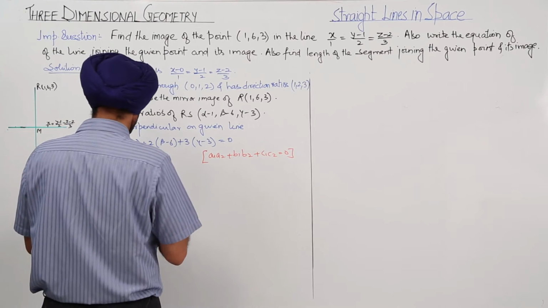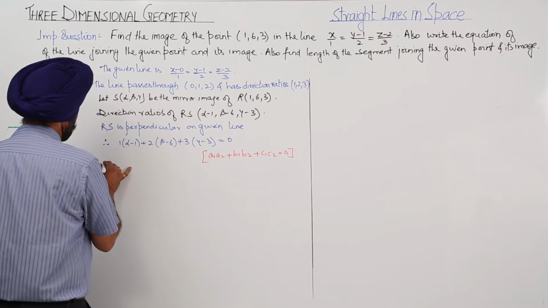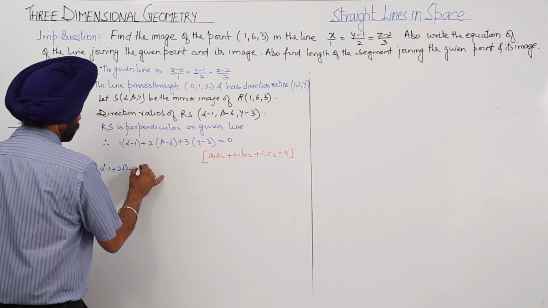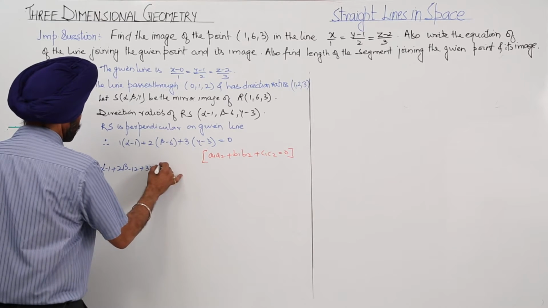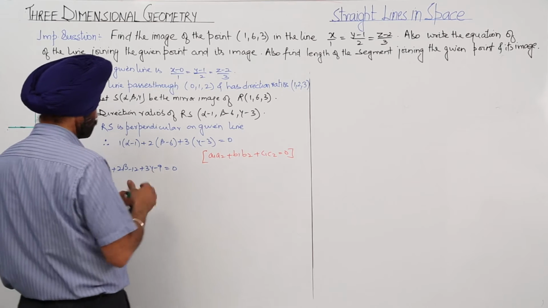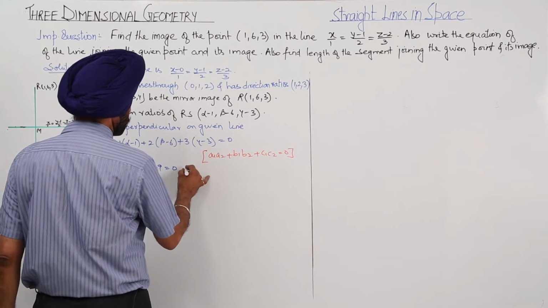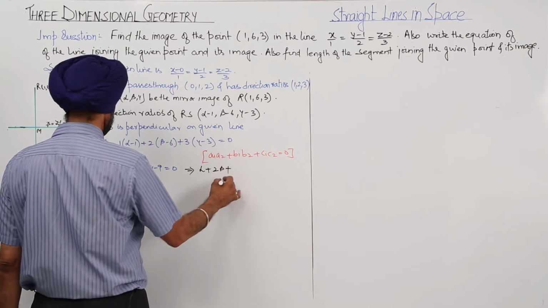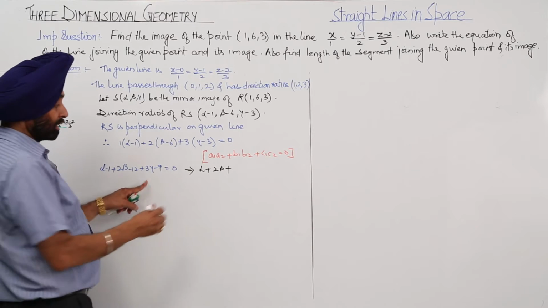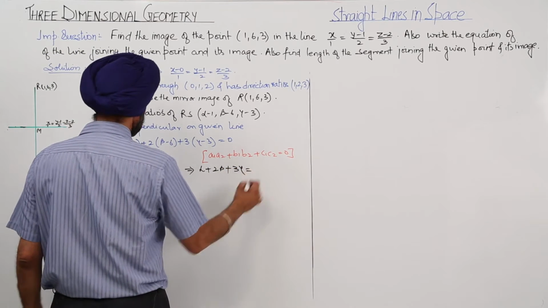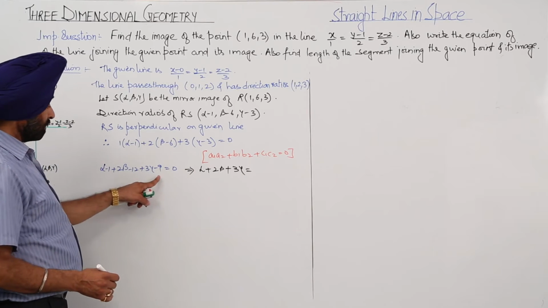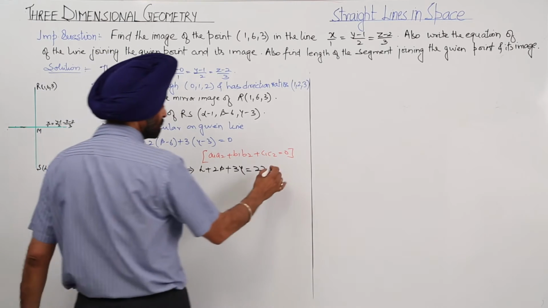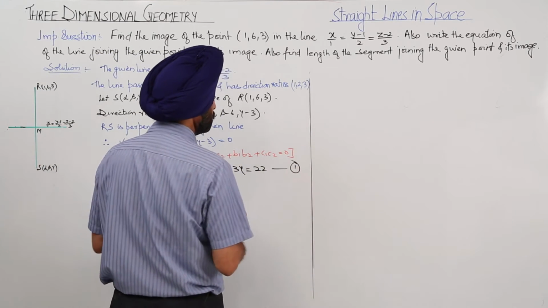So we have alpha minus 1 plus 2 beta minus 12 plus 3 gamma minus 9 is equal to 0, and this implies alpha plus 2 beta plus 3 gamma is equal to 1 plus 12 plus 9, that is 22. Negative of 22 goes this side, becomes positive 22. Let this be equation number 1.